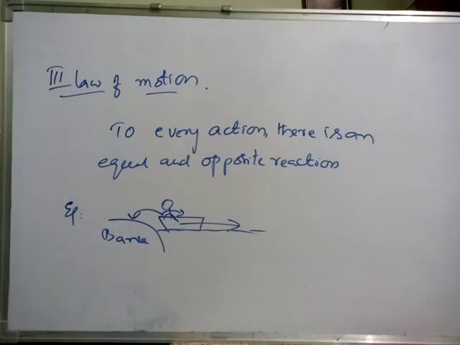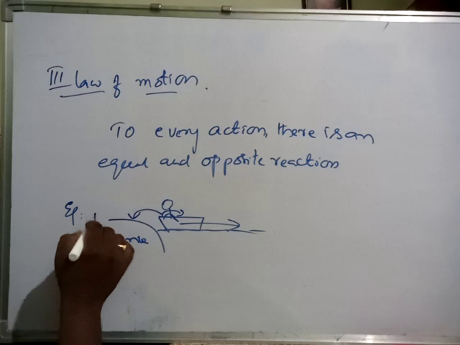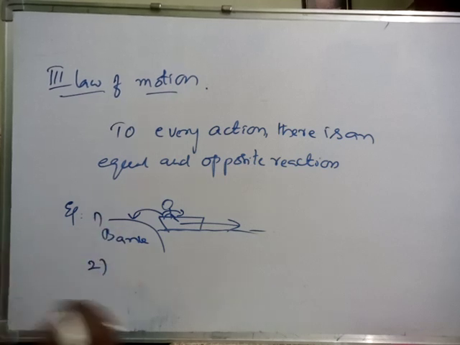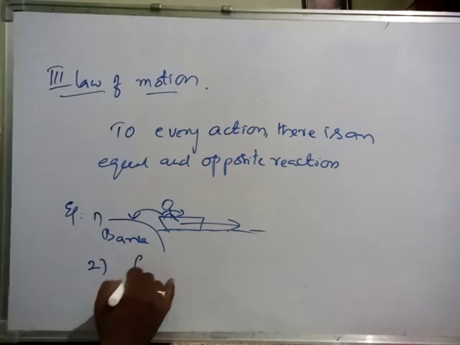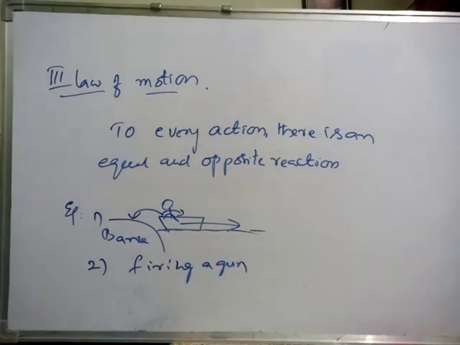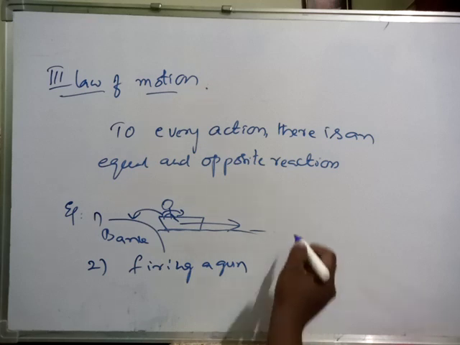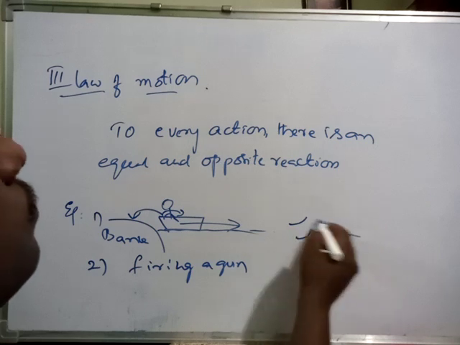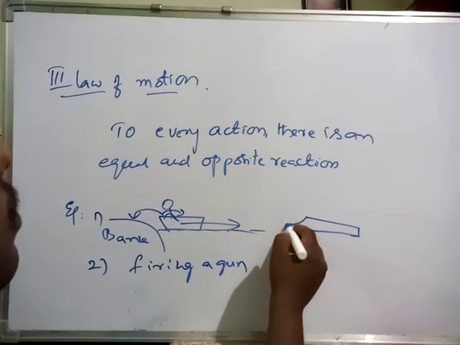And the second one is firing a gun. This is one more example. See, in some olden systems of using guns, nowadays also they are using. For example, this is a gun.